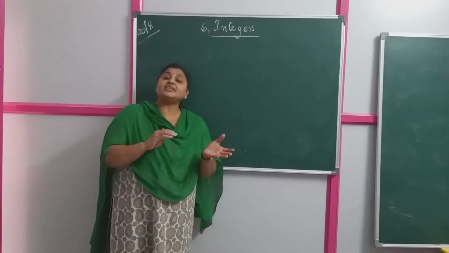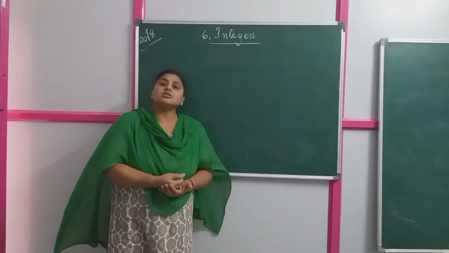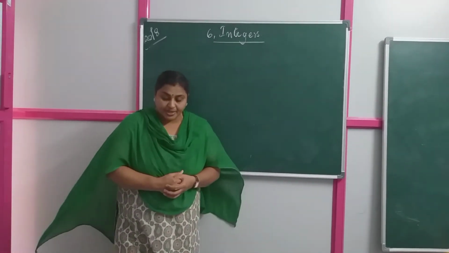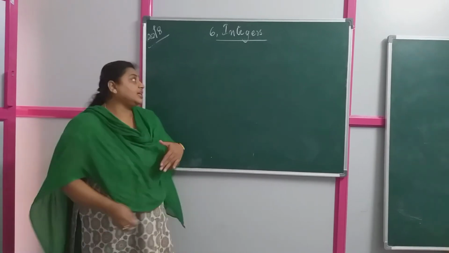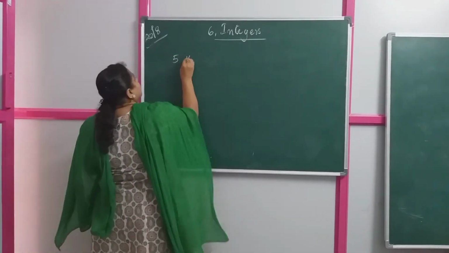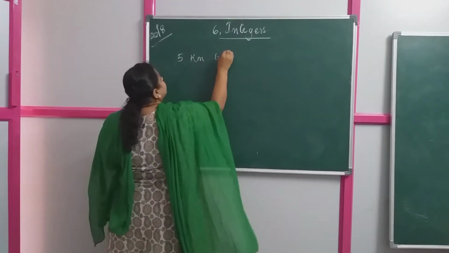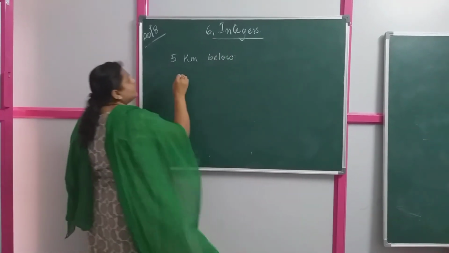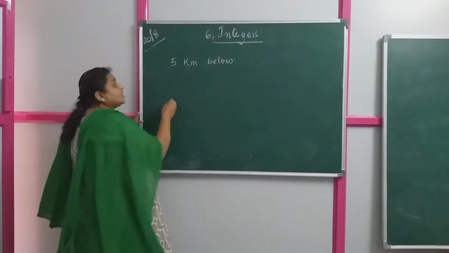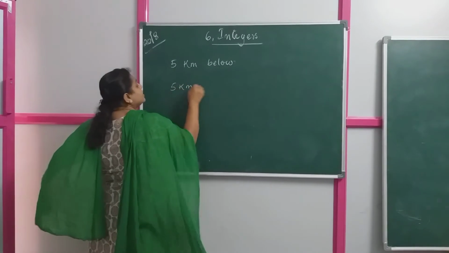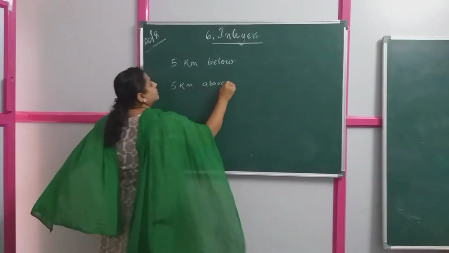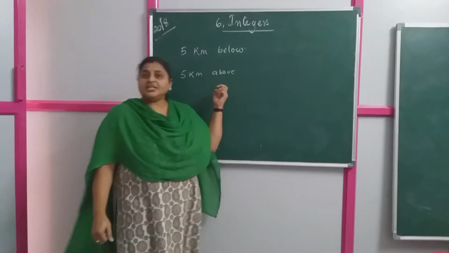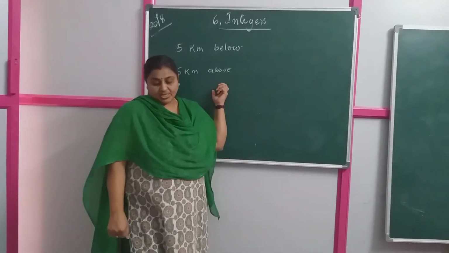Opposite of gain is nothing but loss. Loss of 500 rupees. Now 5 kilometers below sea level. The opposite of that is 5 kilometers above sea level.